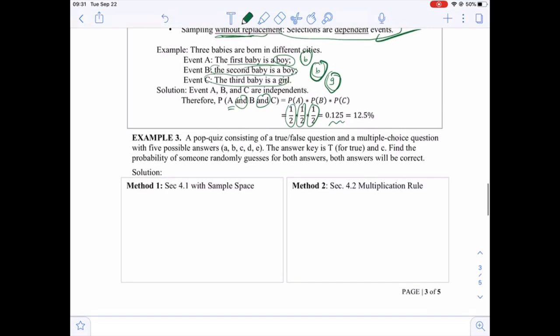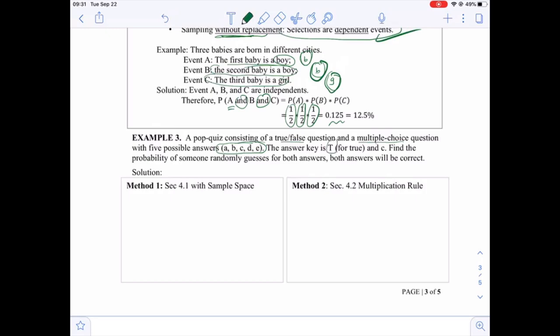Now we have example 3 here. A pop quiz consisting of a true-false question and a multiple choice question. The multiple choice question consists of 5 answers.